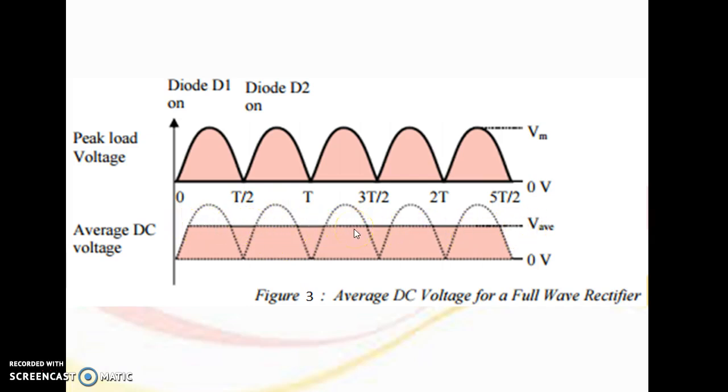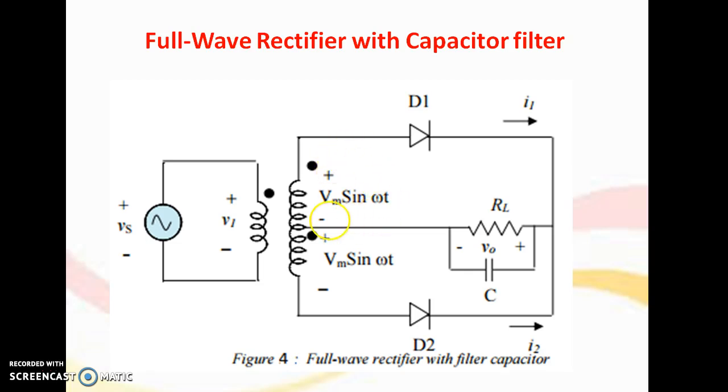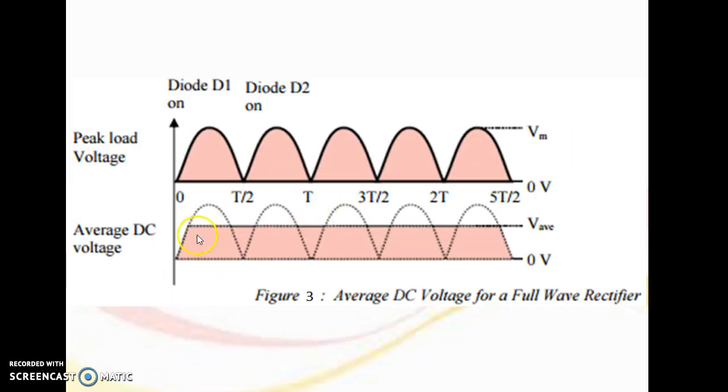It is somewhat more than the half wave rectifier, because in the half wave rectifier only one half cycle is responsible for giving the output. However, we can still see some ripples, meaning some AC components are there.